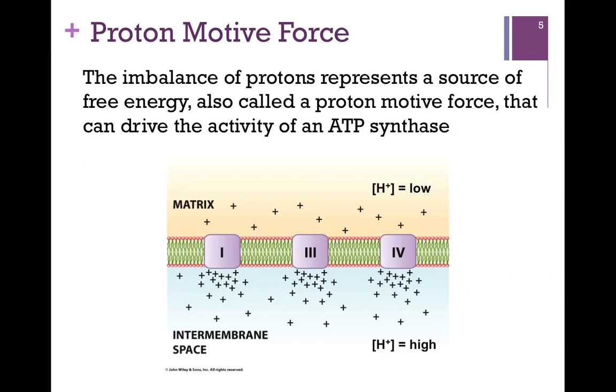So this imbalance of protons actually represents a source of free energy. It's called proton motive force, and we can use that to drive the activity of the enzyme that makes ATP synthase. Remember, the concentration of protons is high outside the matrix.